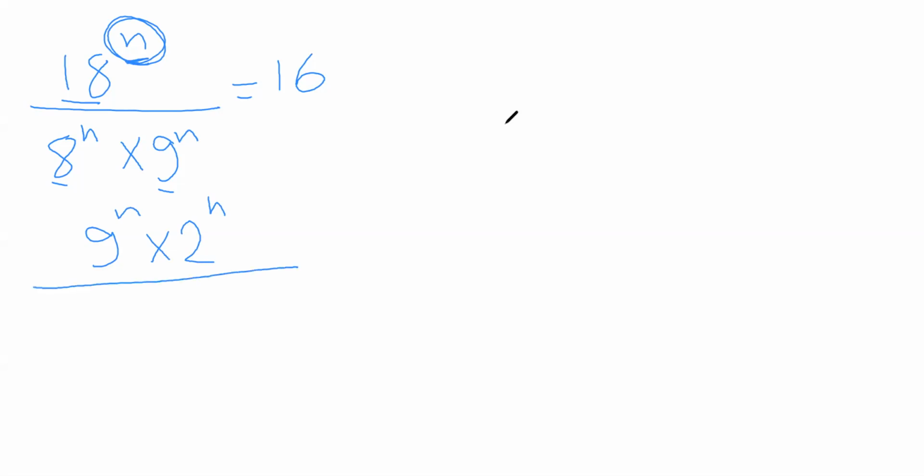Okay, and here 8. What will I do with 8? 8 will be what? 2 times 4. Or I can do it an easy way. It is 2 power 3 equal 8.